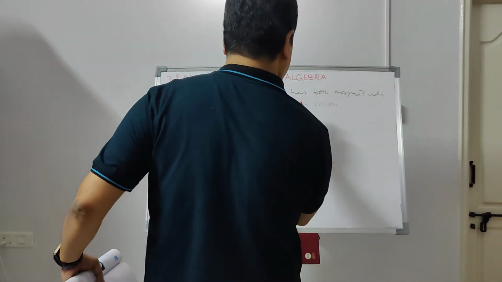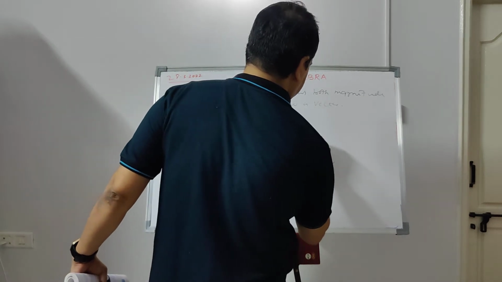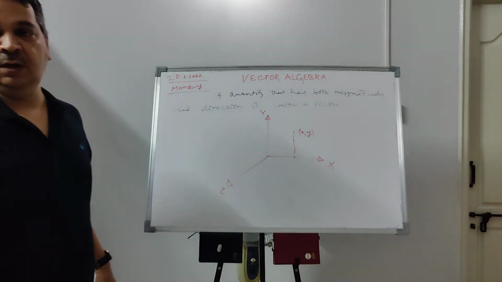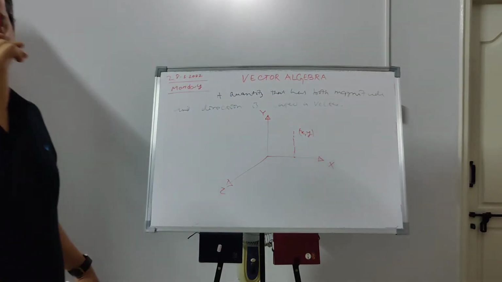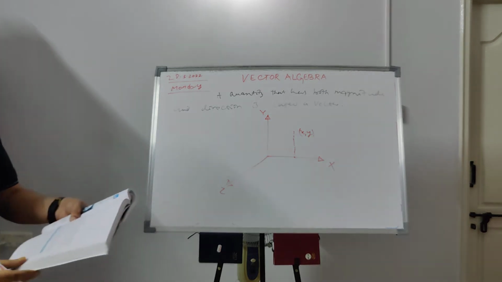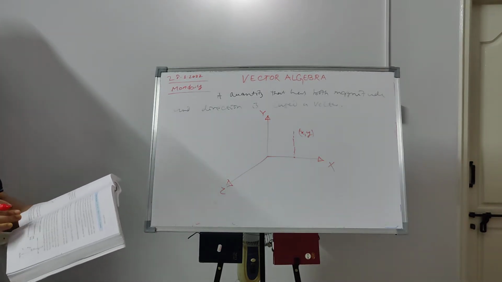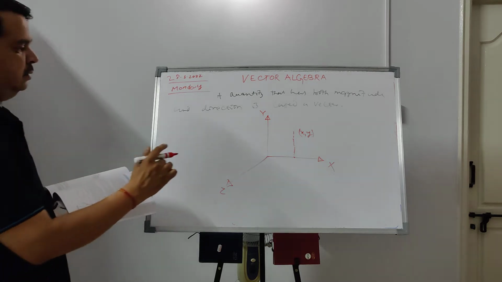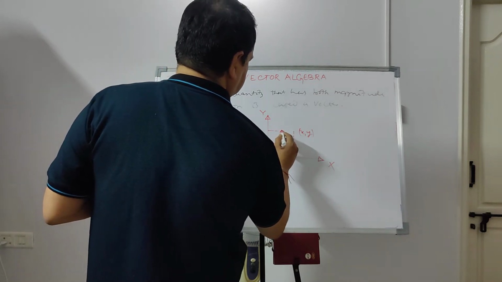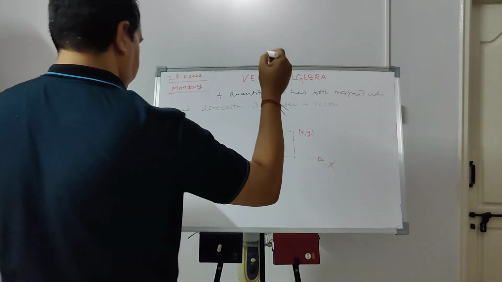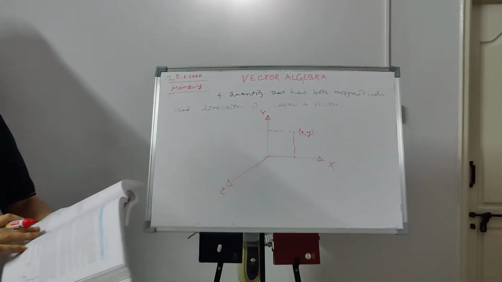So you imagine that there is some point in space. This point is xy. But if I move a distance perpendicular to the plane of the board, which I am not able to represent here, let us say this is xy, and let us say it has moved by some distance z.